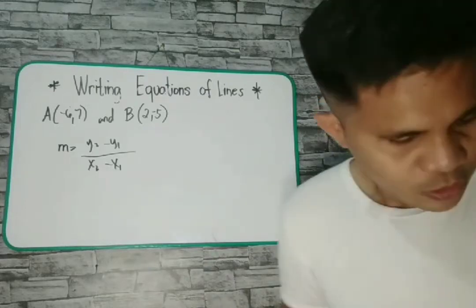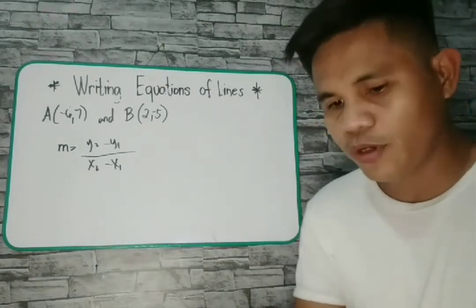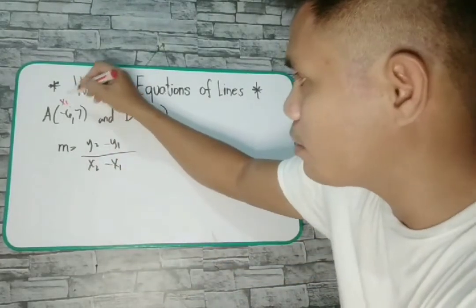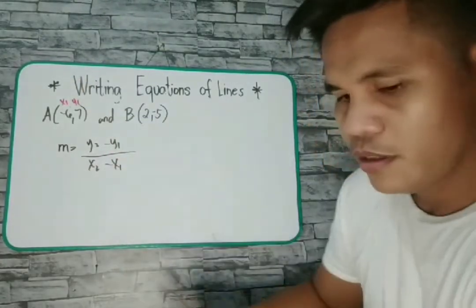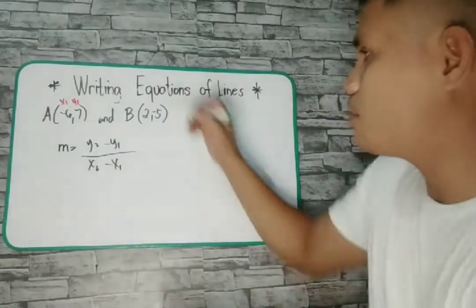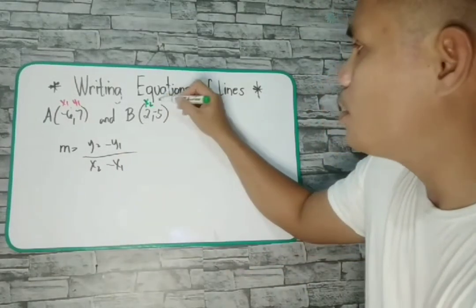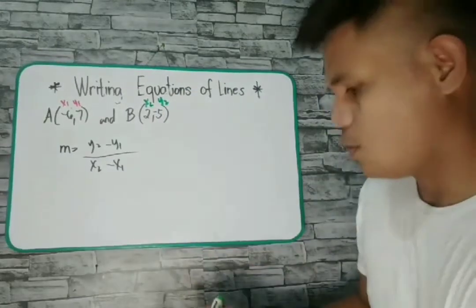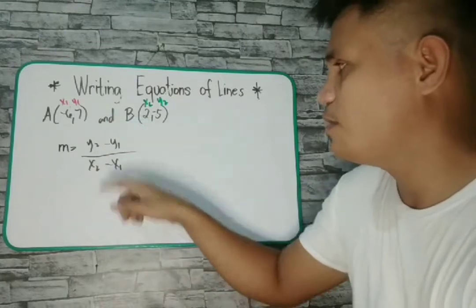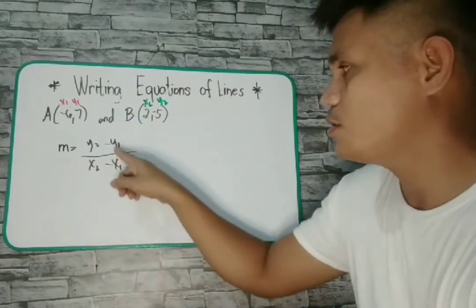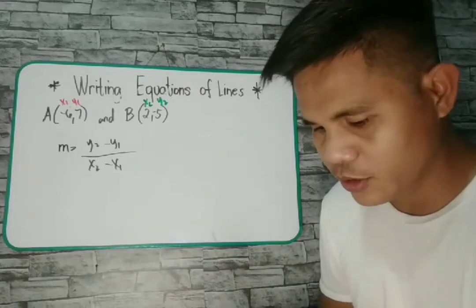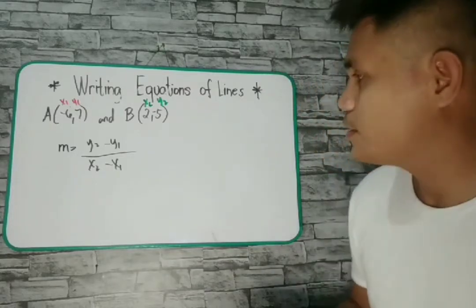Suppose the first point, the point A, is our x1 and y1, and then our second point, point B, will be our x2 and y2. Now we can just simply substitute the given values for each variable here. So let us try to replace.